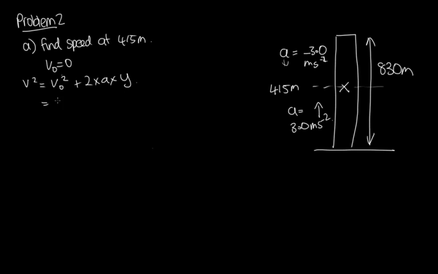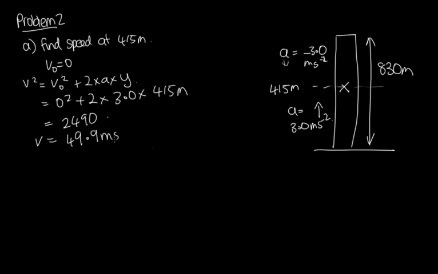So we've got v0 squared, that's 0 squared, plus 2 times the acceleration, which is 3.0, times the distance we cover, which is half the height, so 415 meters. And so this gives us that v squared is equal to 2,490, and so taking the square root of this, we get that the velocity halfway up is 49.9 meters per second.